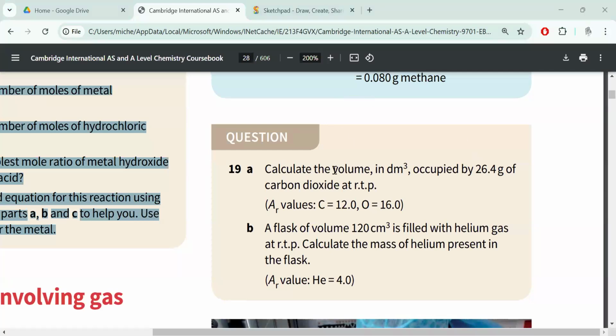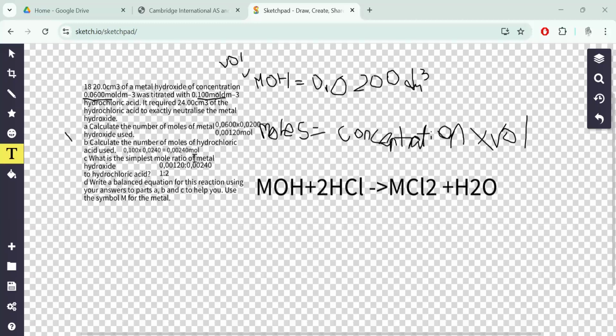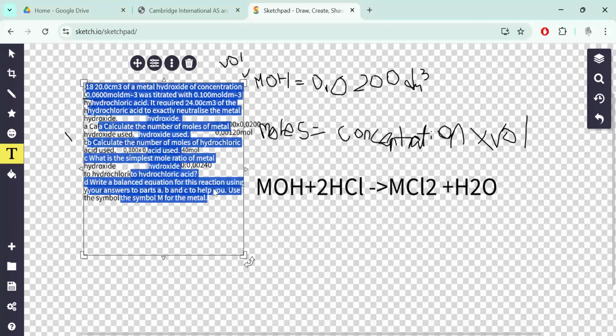Okay, so now we are going to question number 19. I'm going to copy the question first. Okay, I think I need to stop sharing first. I'm going to stop sharing first, and then I'm going to go back to the board from previously. Okay, so this is question 18 previously.